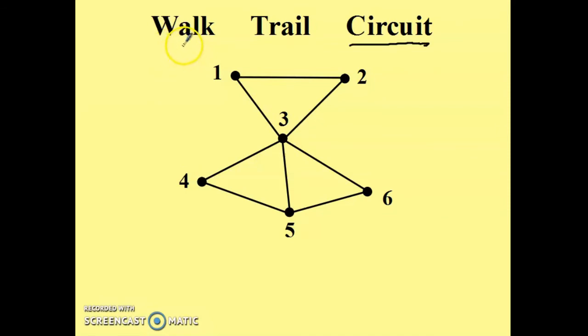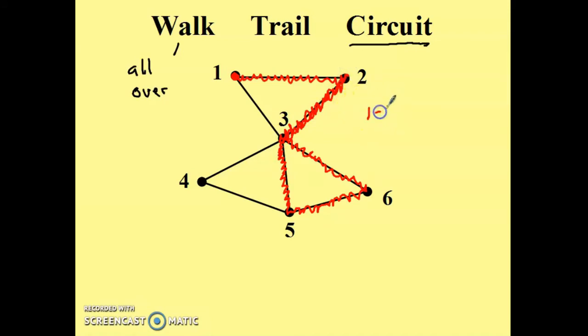A walk is, all of these are, if you pick a starting point and go over your graph, a walk just goes all over the place. There are no rules to a walk, right? So let's say you start at 1 just because people like starting at 1. If you go to 2, down to 3, to 6, to 5, back to 3, back to 2, right?